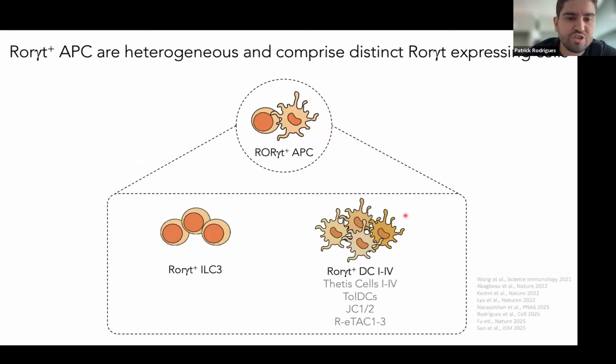One fraction is the Rorgt-expressing ILC3s, and then you also have the Rorgt-positive DC subsets, which were termed in different ways, for example Thetis cells, named by the group of Brown, the tolerogenic DCs, named by the group of Littman, as well as the Janus cells or the eTAC cells. Just for simplicity, whenever I'm referring to Thetis cells or tolerogenic DCs, I always use the nomenclature we gave them, which is the Rorgt DCs.